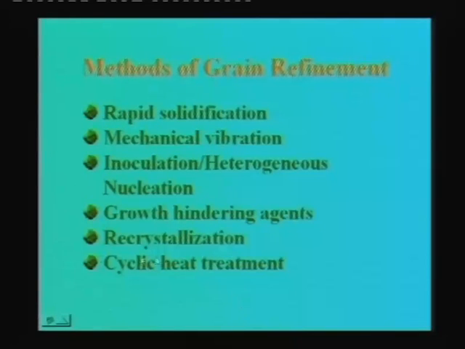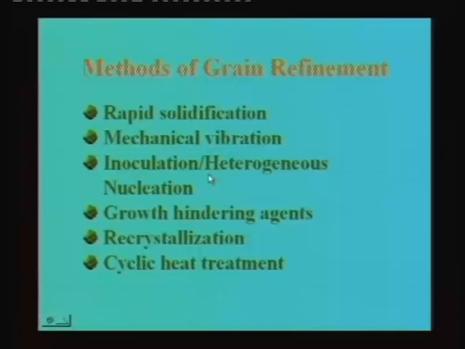One is by adding growth hindering agents after recrystallization. First of all, recrystallization itself is a way to refine the grain sizes, which is used in a number of wrought alloys, but not in cast alloys, because we do not deform the alloy.